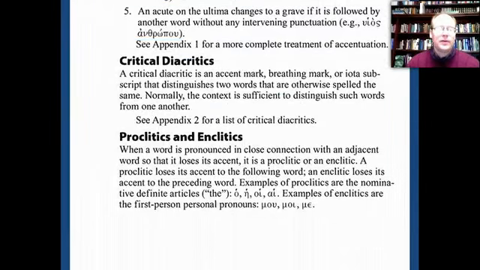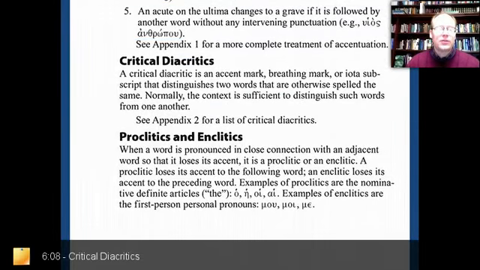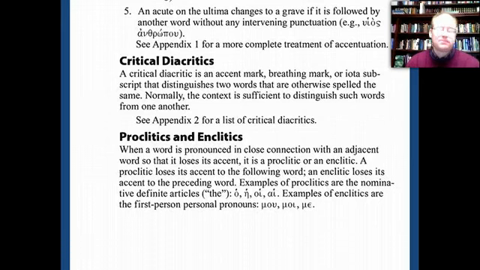Moving on now to the next section, critical diacritics. This is a kind of a humorous title that my boss, Dr. Sam Schneider, added here. And a critical diacritic is an accent mark, breathing mark, or iota subscript that distinguishes two words that are otherwise spelled the same.